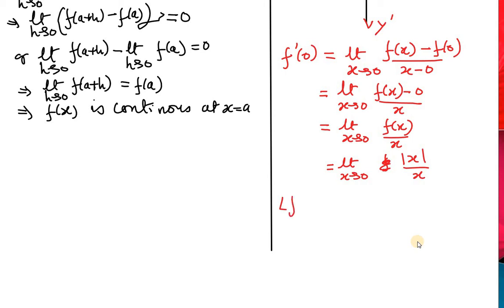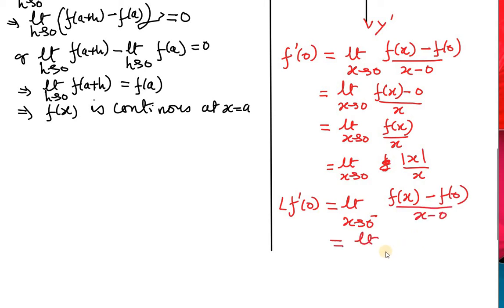the left hand derivative, Lf prime of 0. It is called limit x tends to 0 minus, f of x minus f of 0 by x minus 0. x tends to 0 minus means that on a number line, this is 0, and x approaches 0 from the left side of 0.